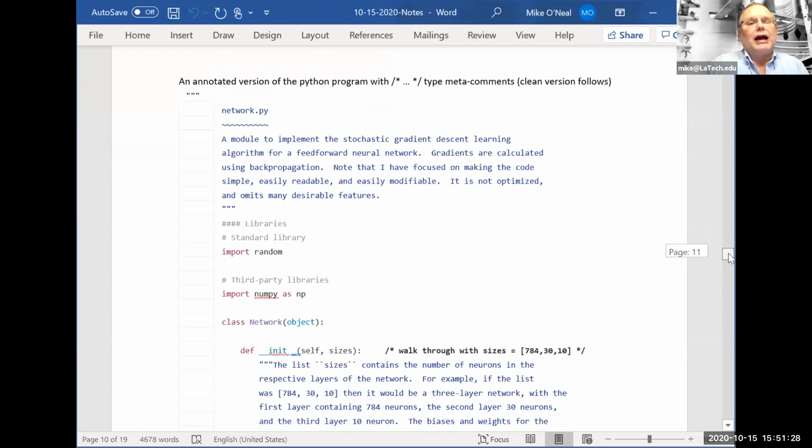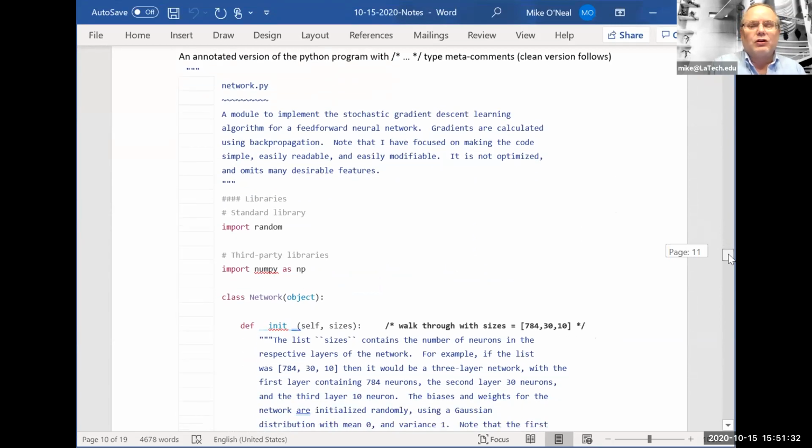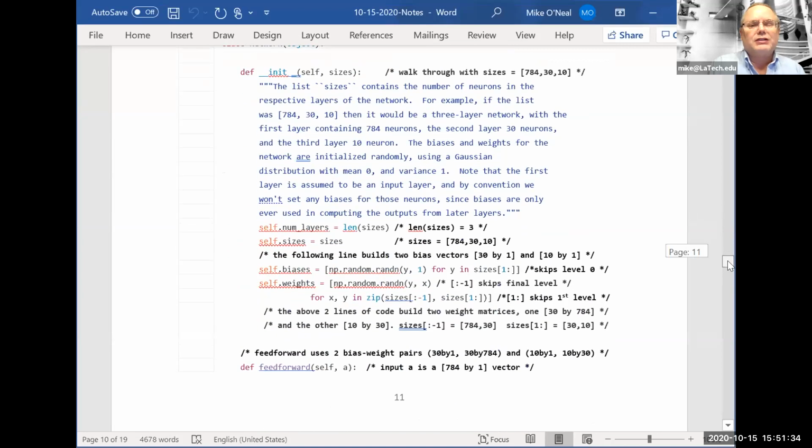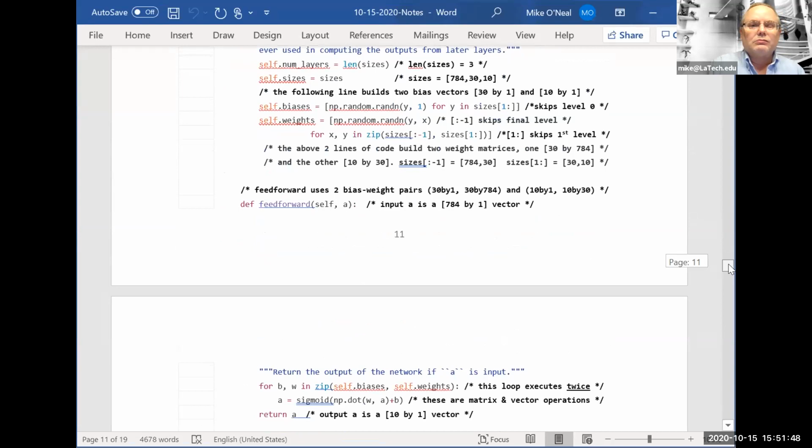I used to go through this in detail, but I've decided that it probably does more harm than good because it's written in very dense Python that is highly dependent on matrix calculation using the NumPy library.